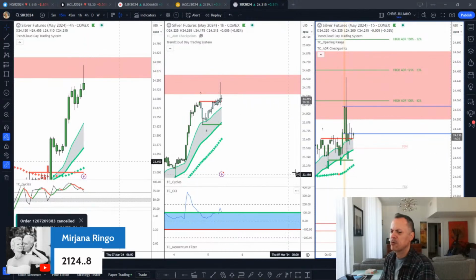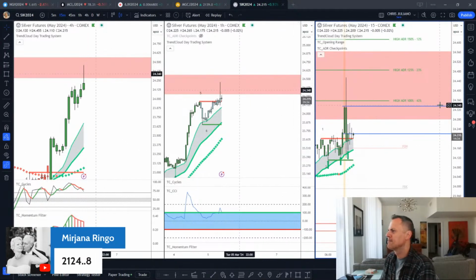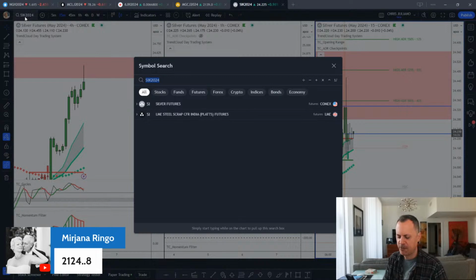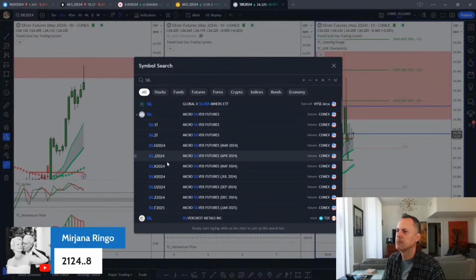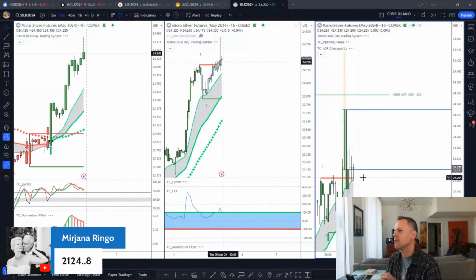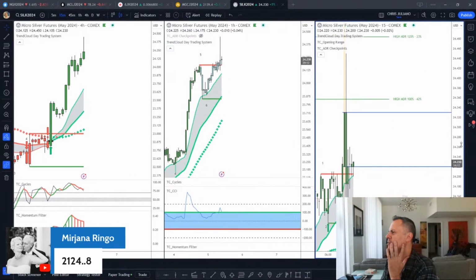We can do micro silver, I guess. I never put the micro silver on here. Micro silver is always very low volume.